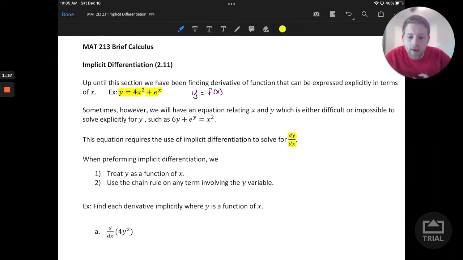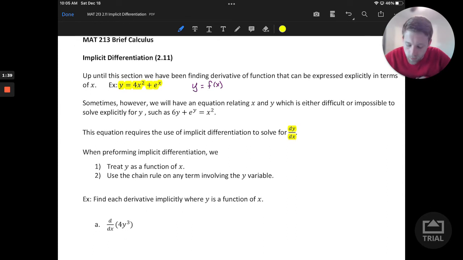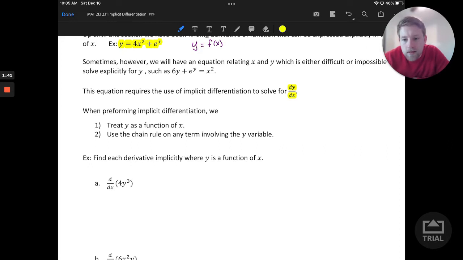But this is going to require a couple things on our part. One is that whenever we see y, we want to treat that as a function of x. Therefore, whenever we see a y, we're going to have to apply the chain rule on that term.